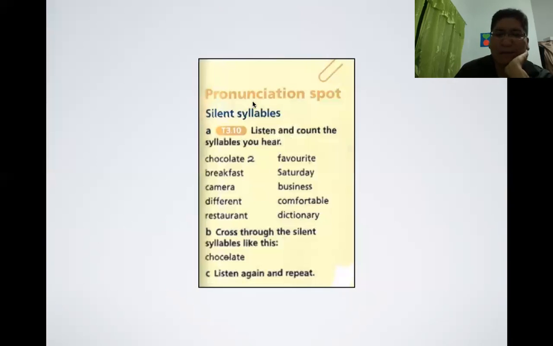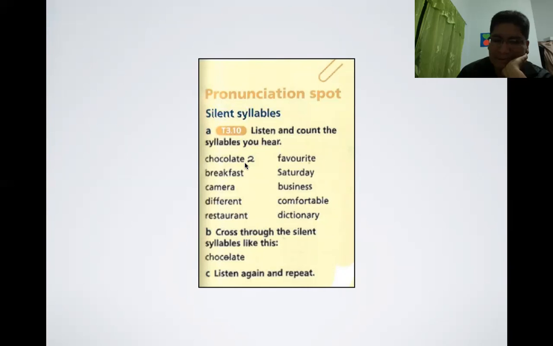And here we have the pronunciation spot. Silent syllables. Listen and count the syllables you hear. Syllables, like in Spanish, sílabas. For example, chocolate. Chocolate, 2 syllables.